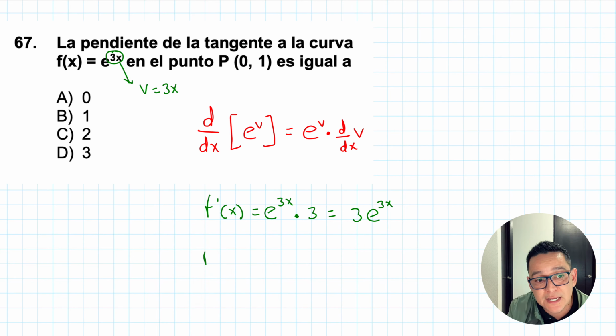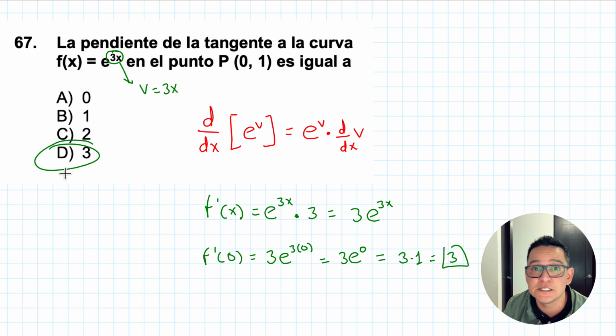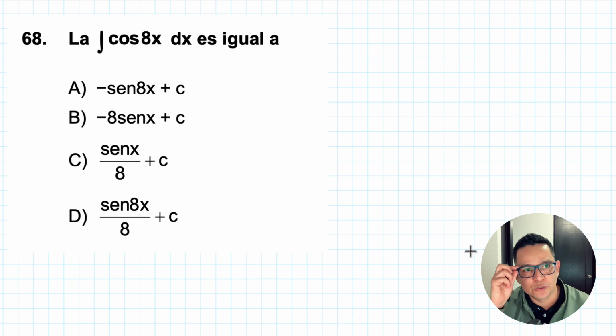So f prime of 0 equals 3 times e to the 3 times 0, which is the same as 3 times e to the 0, which equals 1. This is the same as 3 times 1, which is 3. So, the correct answer is option D. Done. Let's go to exercise 68.